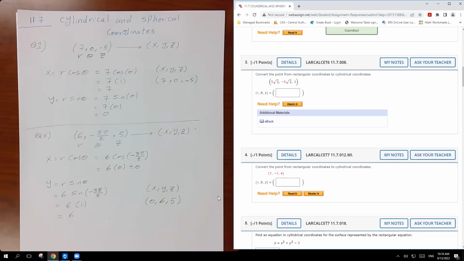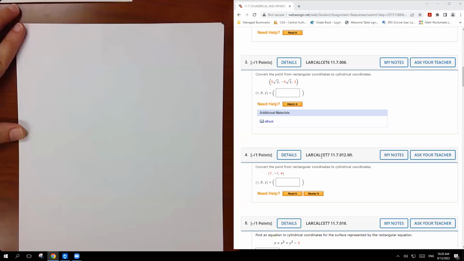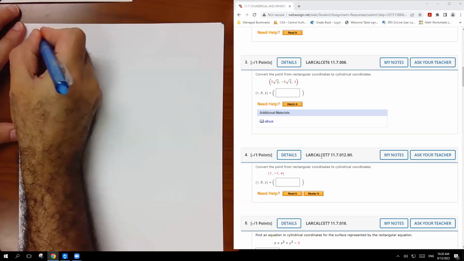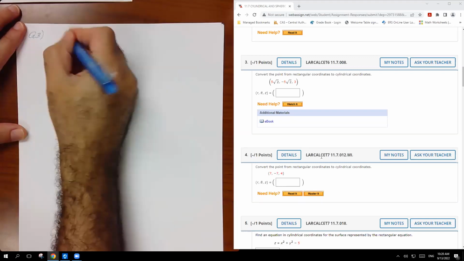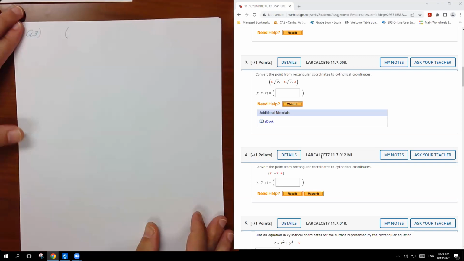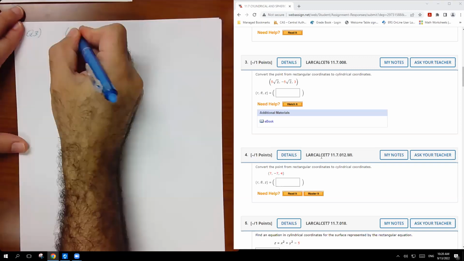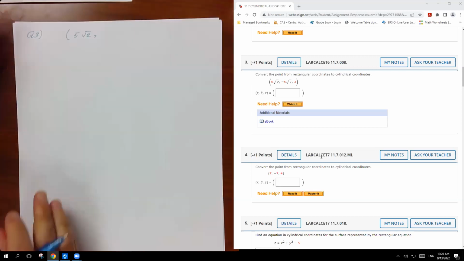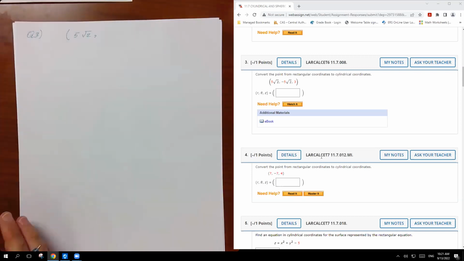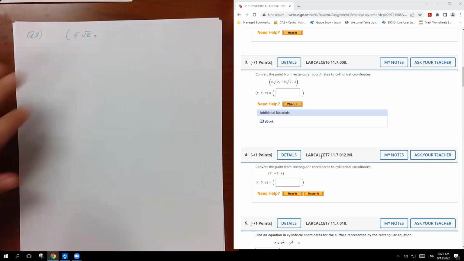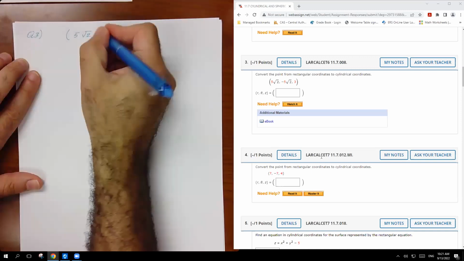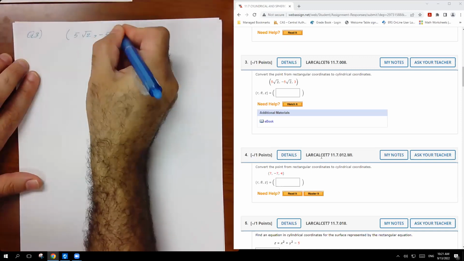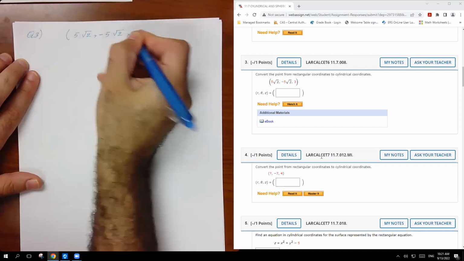The third one, question 3. The point is 5 square root of 2, negative 5 square root of 2, and 3.